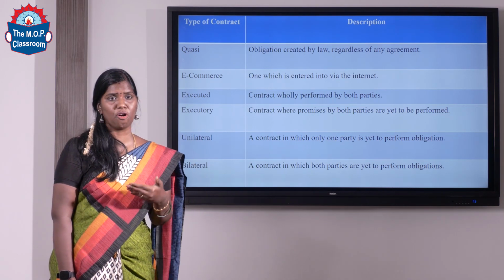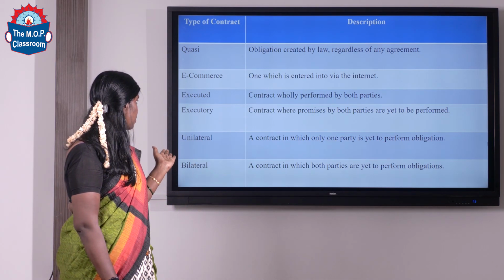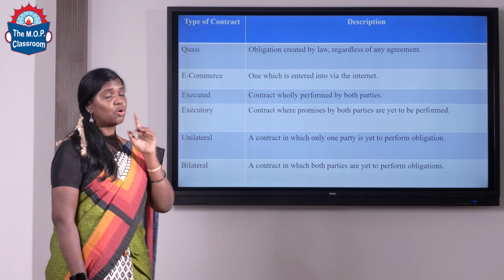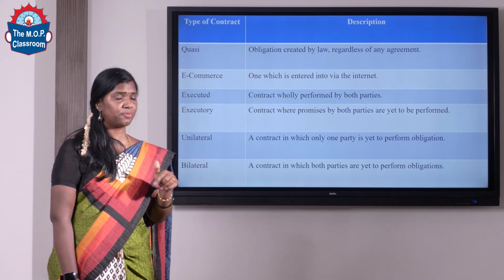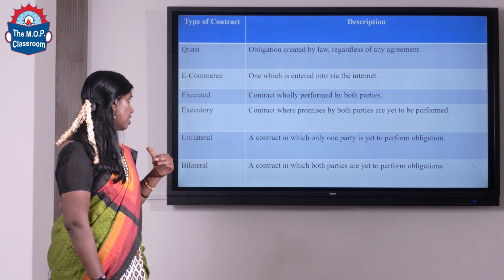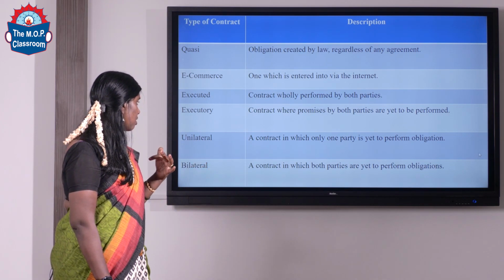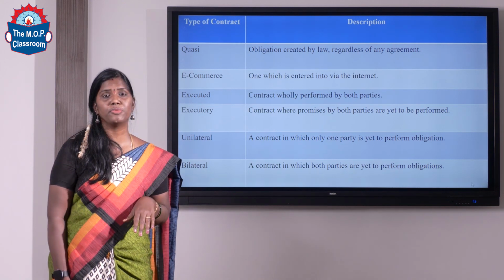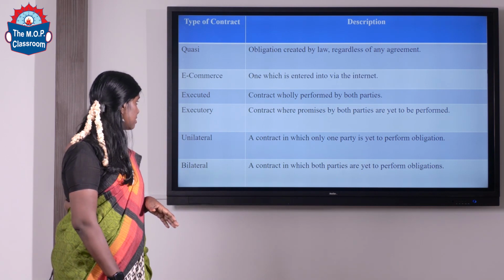So hence it would be an executory contract. Unilateral contract, a contract in which only one party is yet to perform the obligation. And bilateral contract, a contract in which both the parties are yet to perform the obligation.